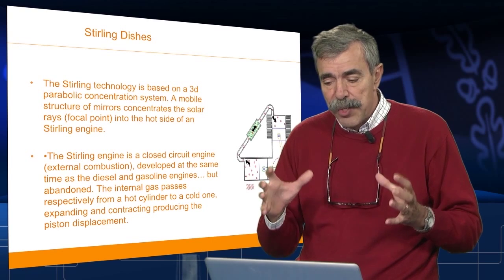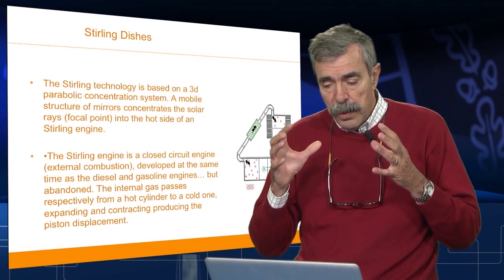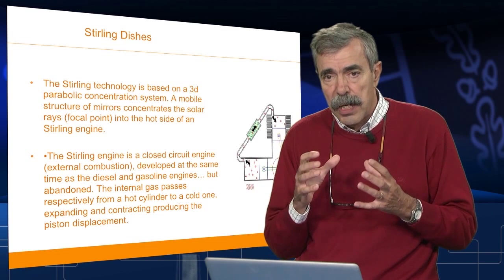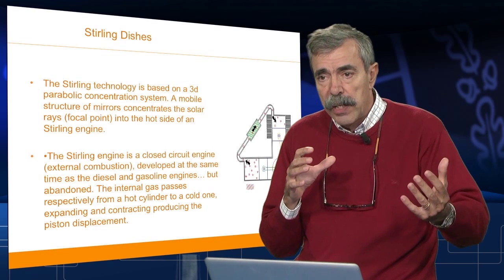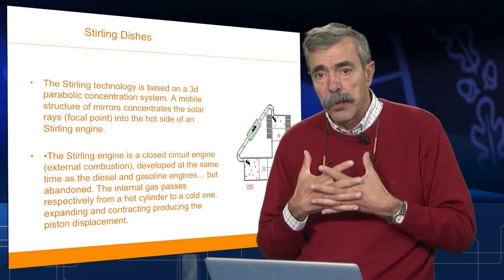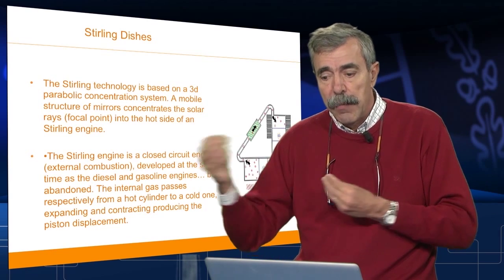First of all, it's an engine having no exhaust. It means that the gas inside is compressed and expanded inside the motor without any flow of air coming in and out.